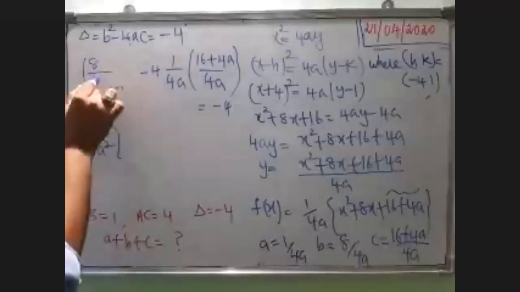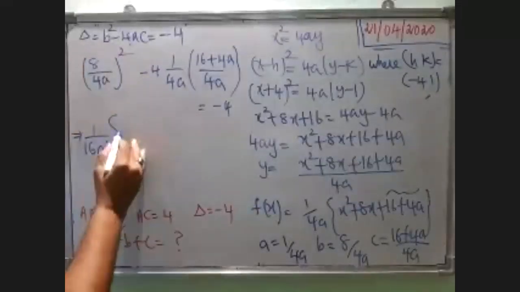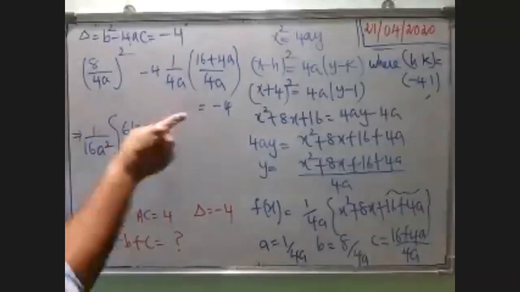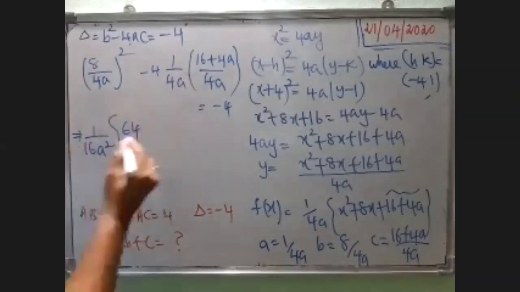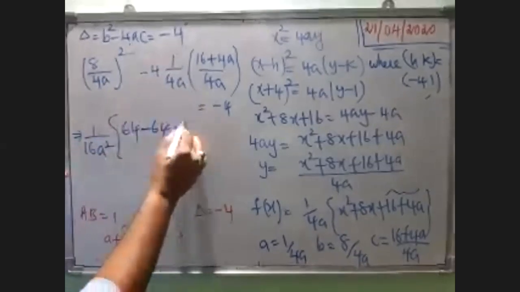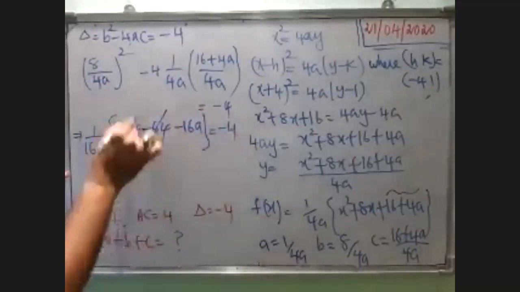So you are getting 64, because I have taken common 4a square, which is nothing but 16a square. Minus 4 into 16 is minus 64. Minus 4 into 4 is minus 16a. Equal to minus 4. It gets cancelled.